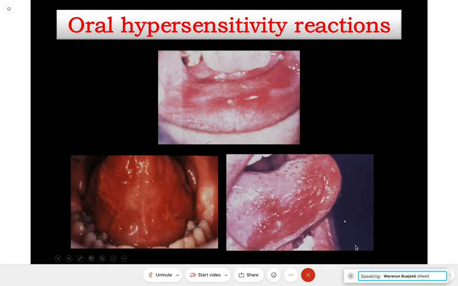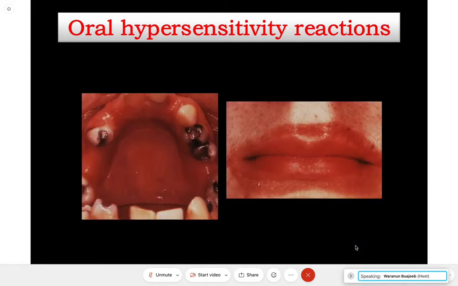So it means that we need to find out the cause of this hypersensitivity reaction, which is different in individual patients. And here you can see erythema along the vermilion border. So what can be the cause of this? It can be mouthwash, lipstick, toothpaste.